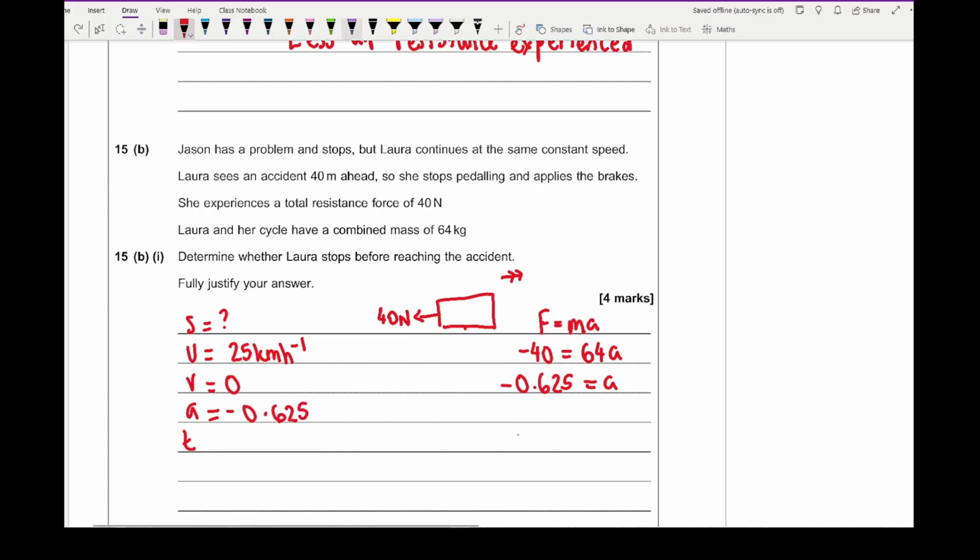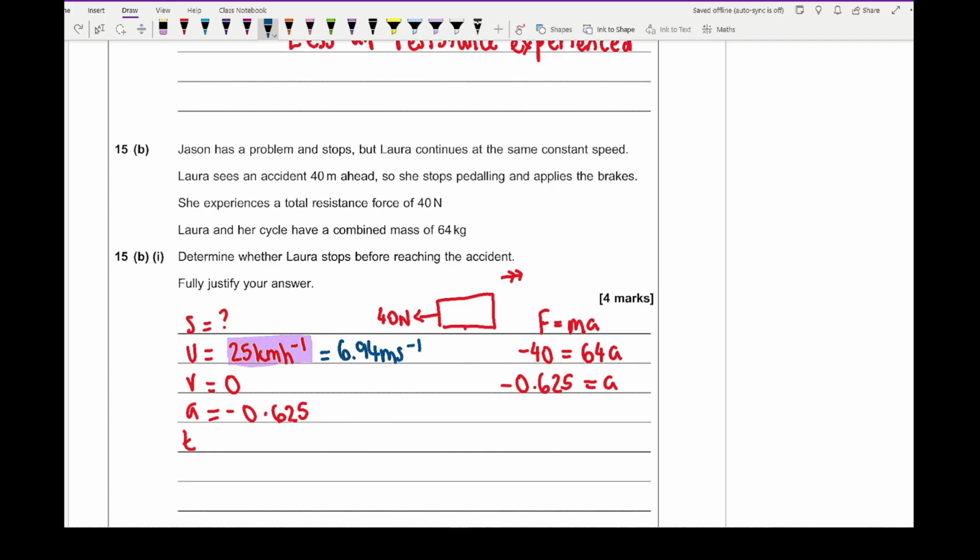Now we need to take a look at the fact that it says that the speed is 25 kilometers per hour. We need to use the units of meters per second, so we need to do a conversion of 25 kilometers per hour into meters per second, and that would be 6.94 meters per second.